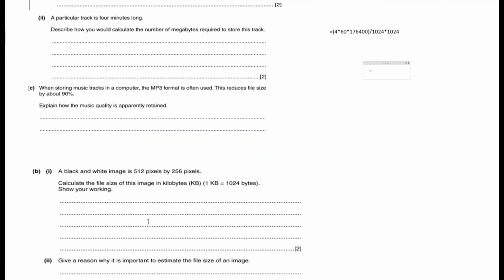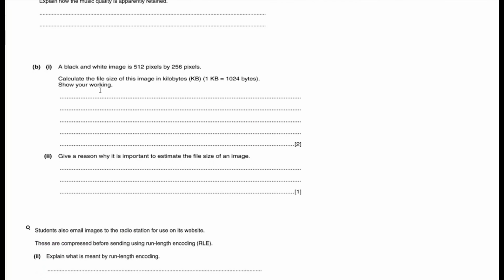And the next question: a black and white image is 512 pixels by 256 pixels. Calculate the file size in KB. We have already done this part above, where we explained the black and white image. Now, in this question they have not given you any color depth or bit depth.